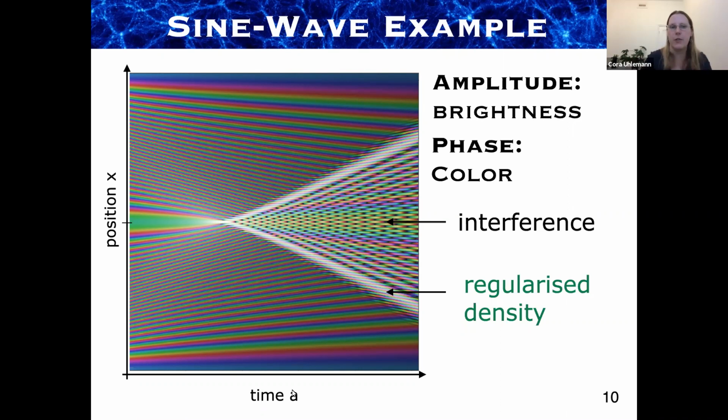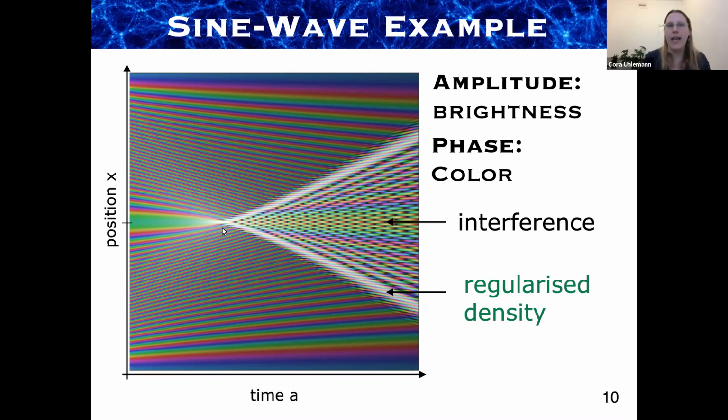So that really corresponds to the Zeldovich approximation. And here in this plot, the amplitude is shown by the brightness. So very bright spots are high amplitude, so high density. And the color indicates the phase of the wave function. So if we follow a line of constant phase, this basically corresponds to particle trajectories.